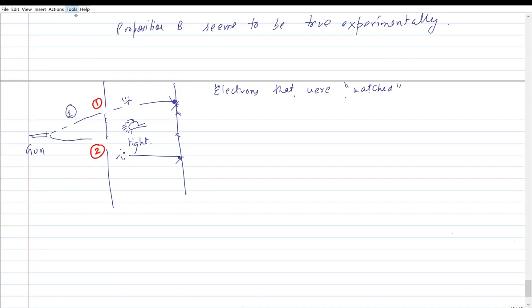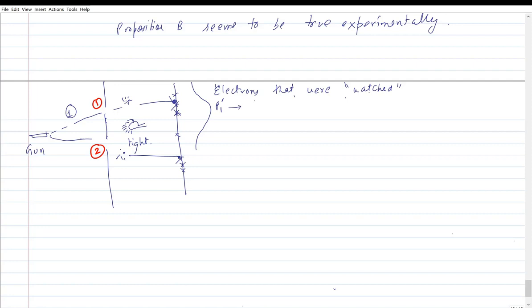And what I can do is collect the statistics here, click, click, click, click, where I know not only at what point of the screen they are hitting, but I also know from which slit they pass through. So let me draw the histogram, and from that the probability distribution of the electrons that pass through slit 1. Let me call it P1 prime because they are the ones which are watched.